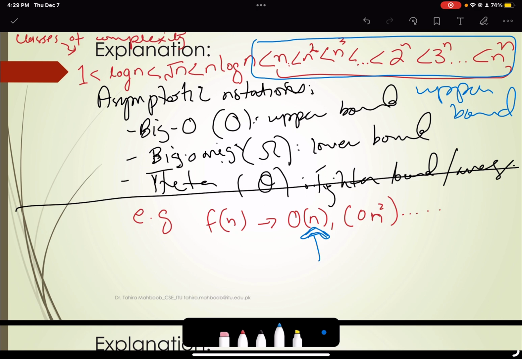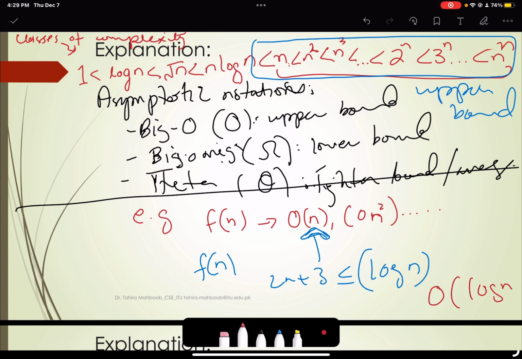So let's see for the case if we take 2n plus 3 equal to O of log of n. Is it true? This does not hold. So this complexity does not hold.